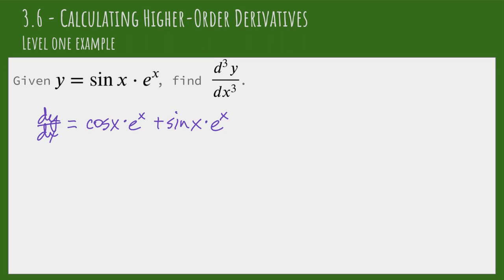I think it would be easier if we rewrite this by factoring out the e to the x. And that's going to allow us to do the product rule one time instead of two times. So if I left it like I had here, I would have to use the product rule on the first term, and I would have to use the product rule on the second term, so I'd have to do the product rule twice.